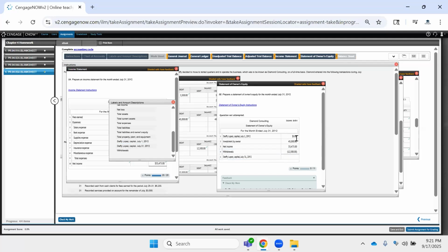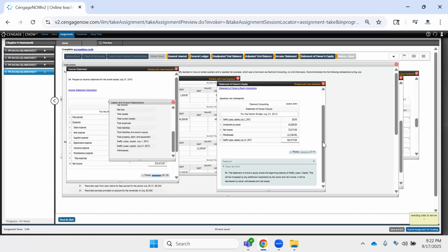So if we add up all these amounts, now with the 12,500 being negative because it reduces our owner's equity, also the parentheses do indicate that it's negative, it's 65,975. That's our owner's equity ending balance for the period. And we'll see that in our closing entries as well.